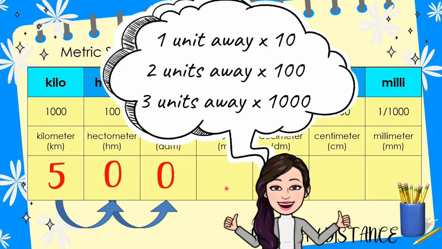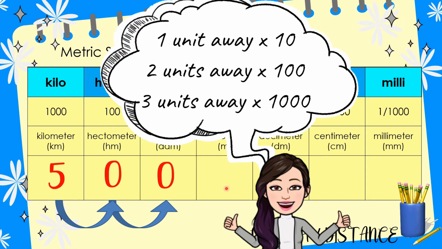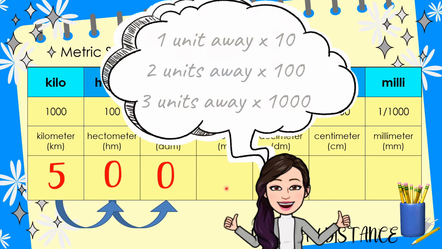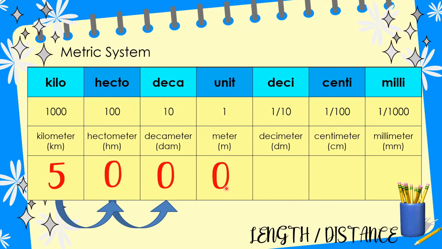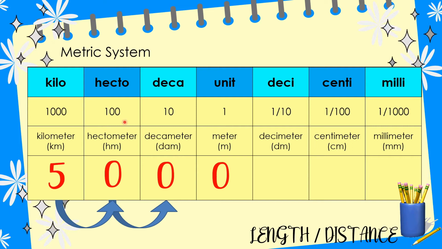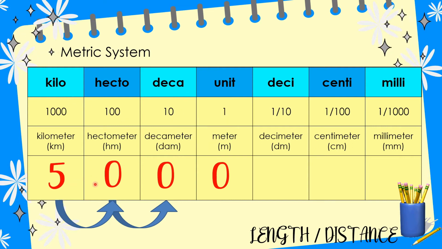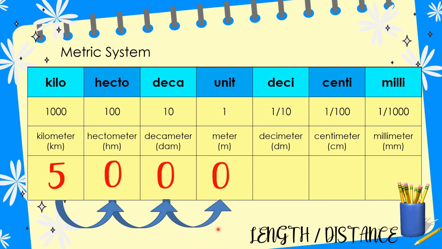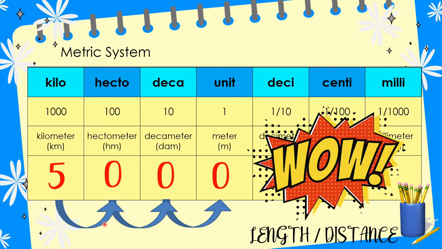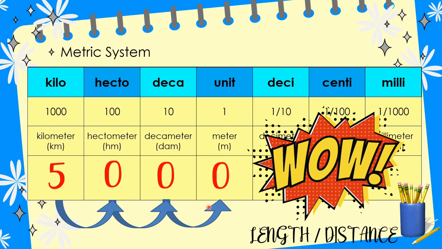Siguro, kapag 3 units apart na sila, most probably, mag-multiply na tayo sa 1,000. Tama kaya? Ayun, nung nilipat natin si kilometer papunta kay meter, ang sagot ay naging 5,000. Kung susuriin nyo, they are 3 units away from each other.